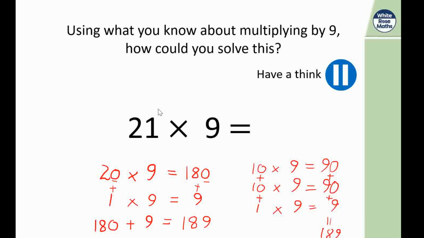There's another one. What you could do is work out 21 times 10. 210, right? And then you need to subtract 21, because it's not 10 times 21, it's 9 times. So you need to do 210 take away 21.